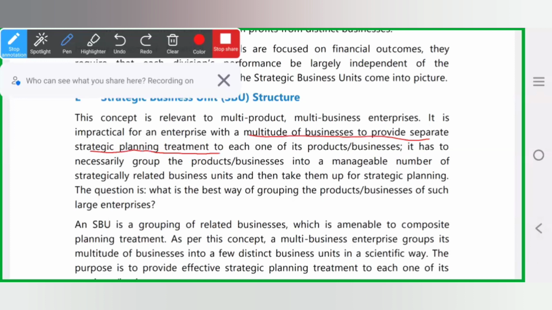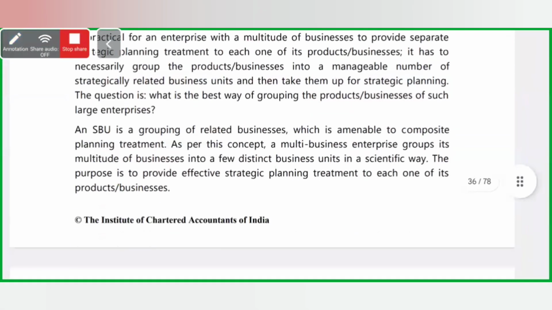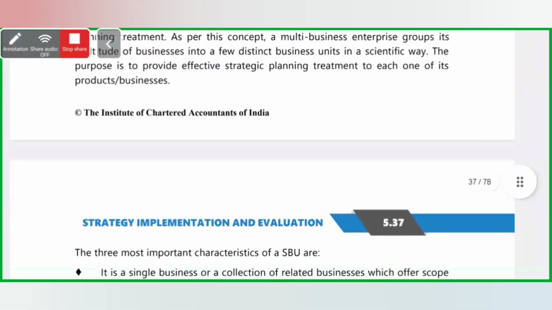So here SBU comes into the picture. An SBU is a grouping of related businesses which is amenable to composite planning treatment. As per this concept, a multi-purpose or multi-business enterprise groups its multitude of businesses into a few distinct businesses, which is derived in a scientific way. The purpose is to provide effective strategic planning treatment.